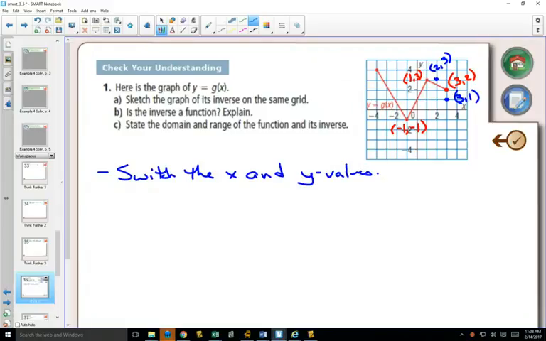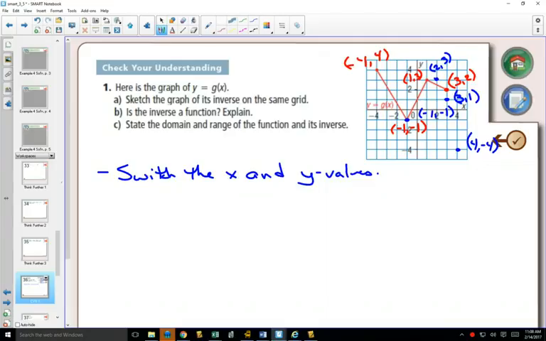If we switch those around, those points stay the same. We still have -1, -1. And finally, on the red graph, we have -4, 4. So now we're going to have 4, -4. So as far as finding our points, all that's going to happen is our x and our y values are going to switch.